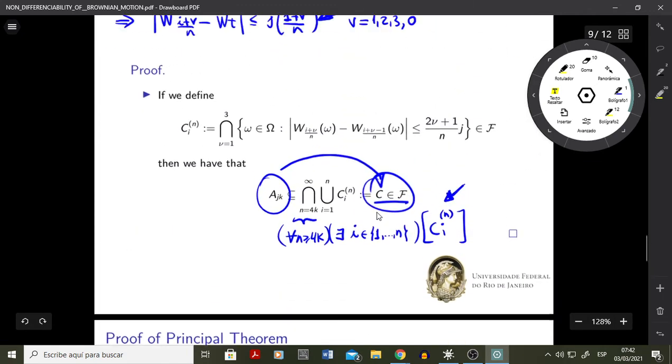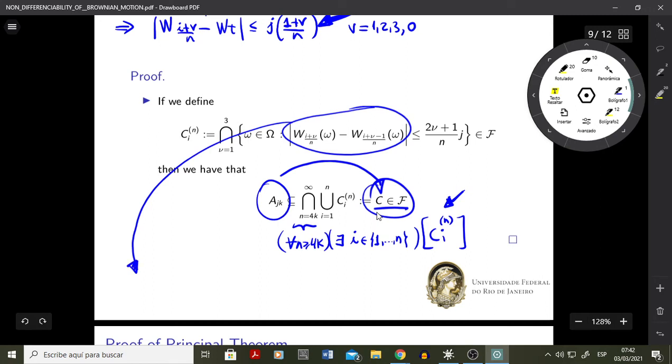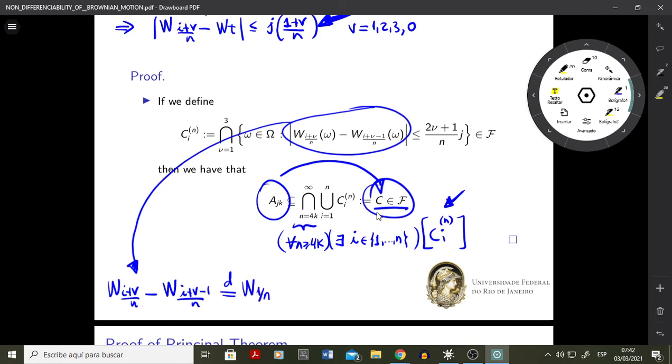First note that these random variables are equal in distribution to this random variable. Okay, so using the scaling property, we have this.